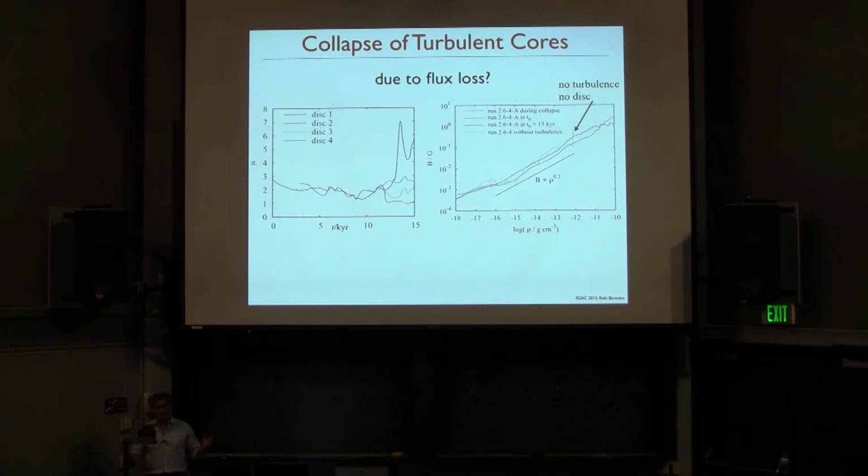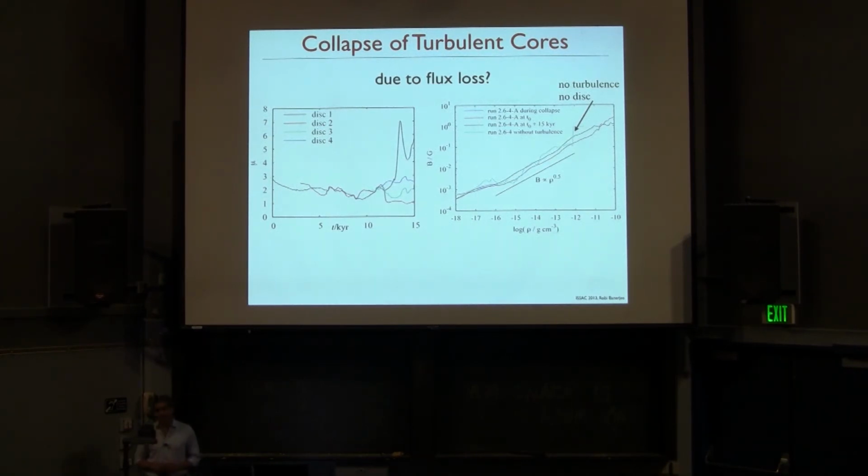So this is where we actually need the flux loss to build up a disk. And it turns out at this scale, we don't see much of a flux loss, at least the mass to flux ratio doesn't change dramatically. You can also turn this around a little bit and ask how the magnetic field scales with the density.